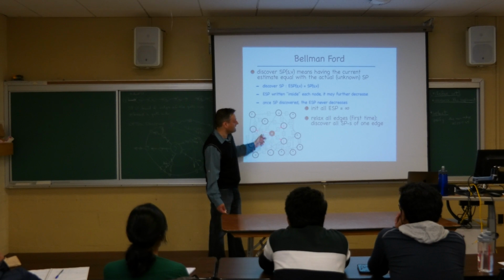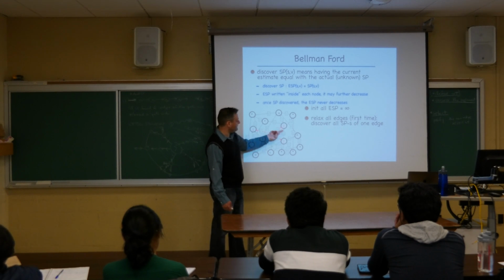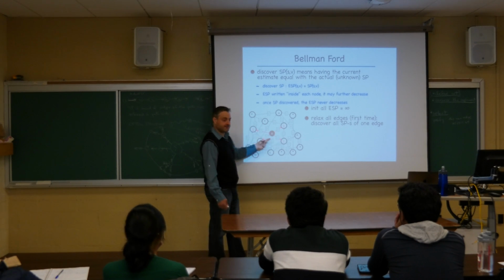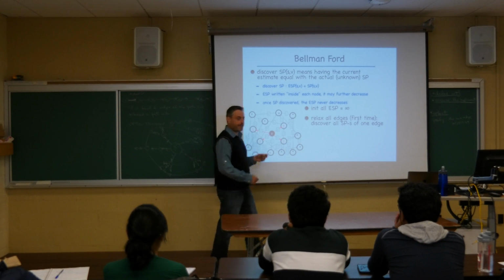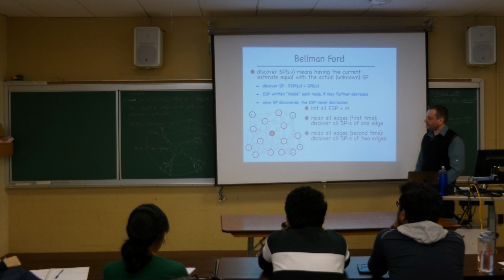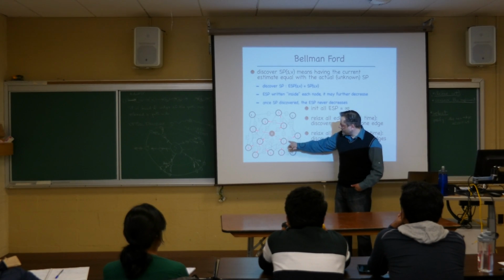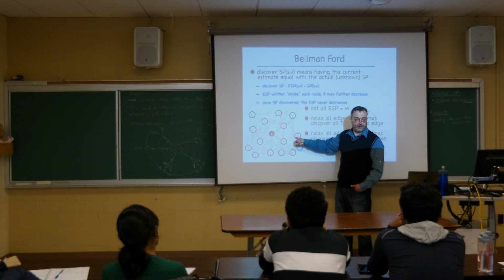The only edges I need are the ones in red. So this 7 is irrelevant here. What I'm going to count on is that these numbers in red are now the shortest paths. So when I do the relaxation the second time, this being the shortest path to here, I relax this 4, which is an edge that I need. This is one of the second round edges that is part of the shortest path 3.